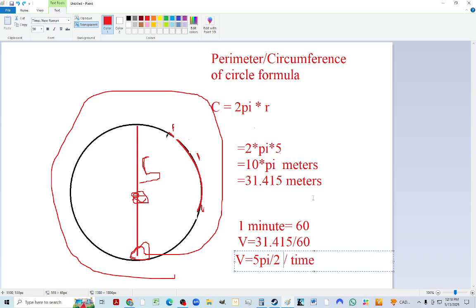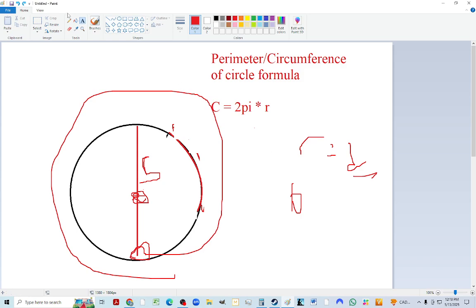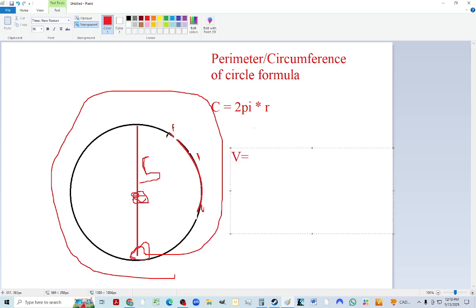But ultimately, the velocity formula becomes this. Velocity is going to be whatever angle we're dealing with times the radius divided by time. You might say, Peter, how can it be the angle?